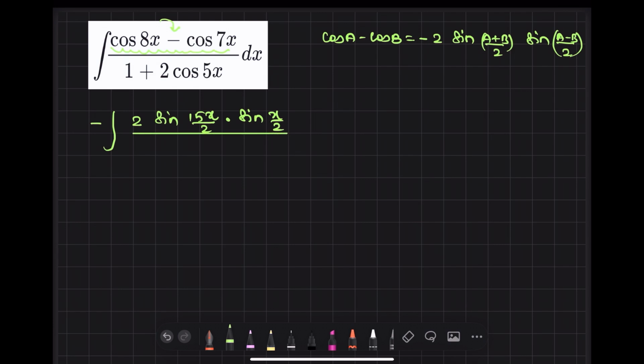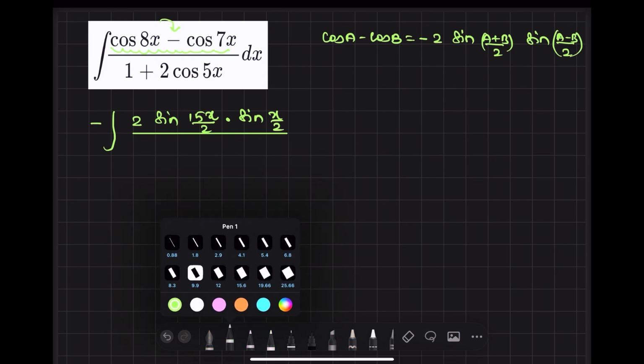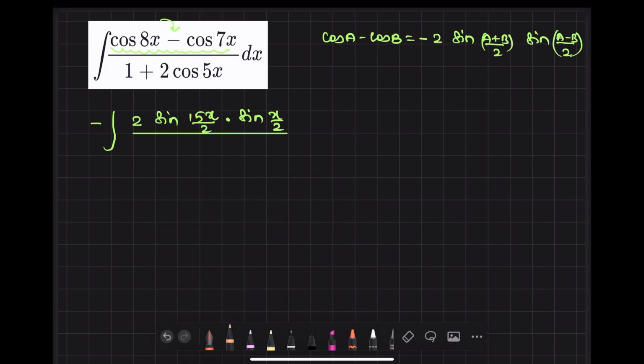Now look at this. If you observe the numerator, we have every angle in terms of half, something by something, correct?